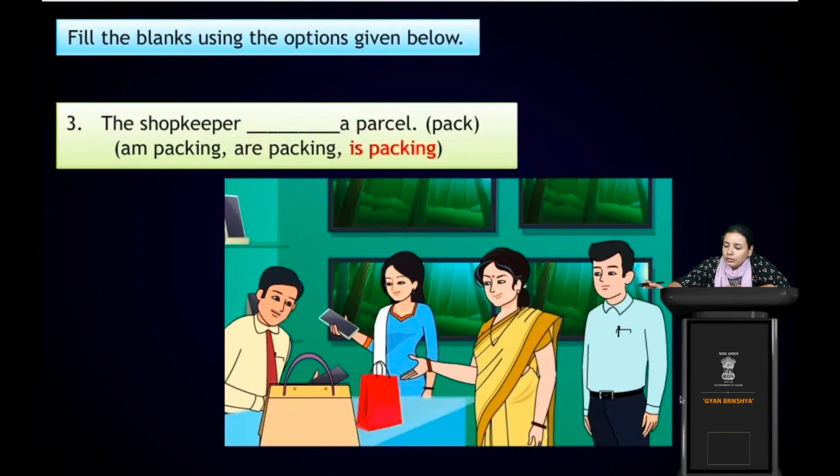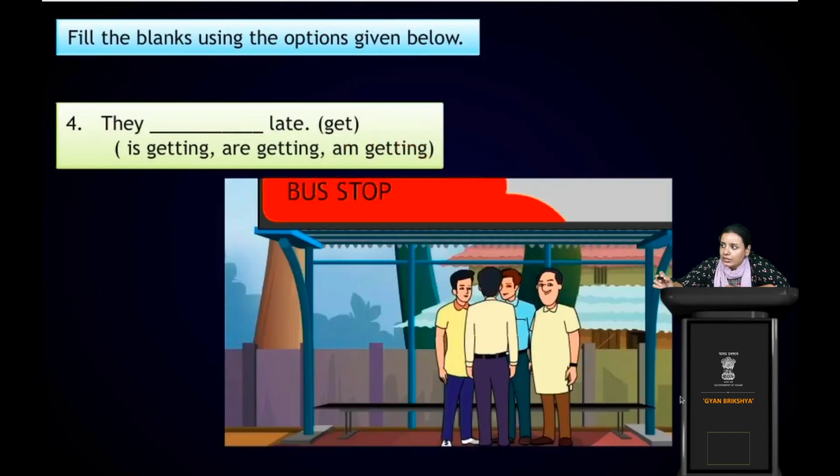Now see what is this, students? They dash late, in bracket get: is getting, are getting, am getting. What will be the answer? They. It's not singular. There are four persons here. So what would be the answer then? They are getting late, because this is not singular anymore, this is in the plural form.